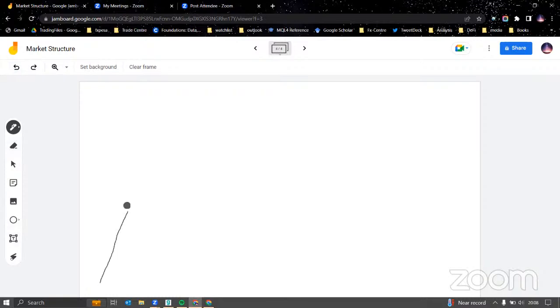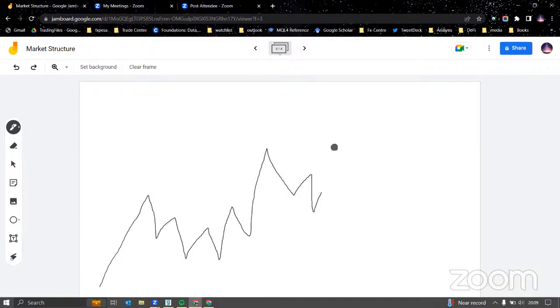So I'll start with here. Just a minute. So if you have a push like that, something like that. So a typical chart will look something like this.